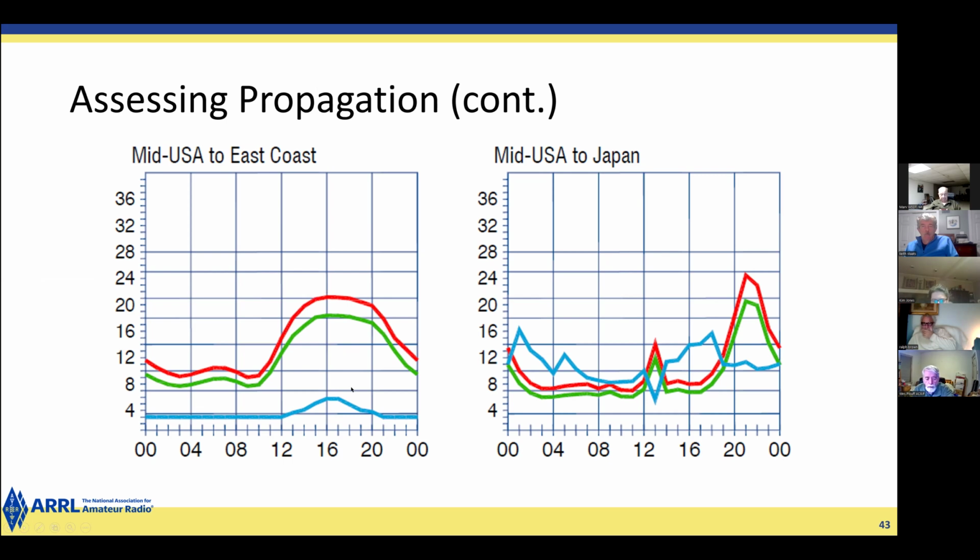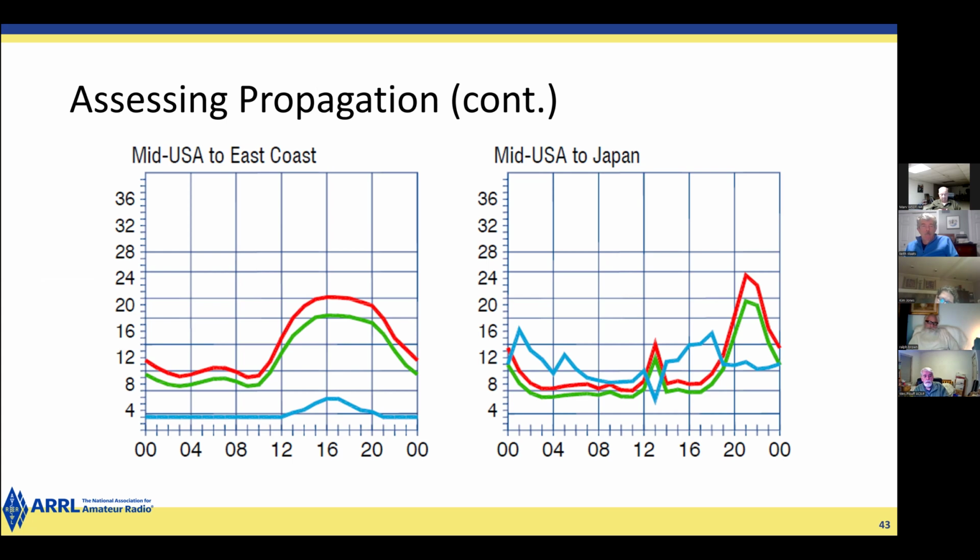So if you look here, the scale on the bottom is GMT, Zulu time, which is 4 or 5 hours ahead of Eastern Standard Time, depending on whether it's daylight saving time.